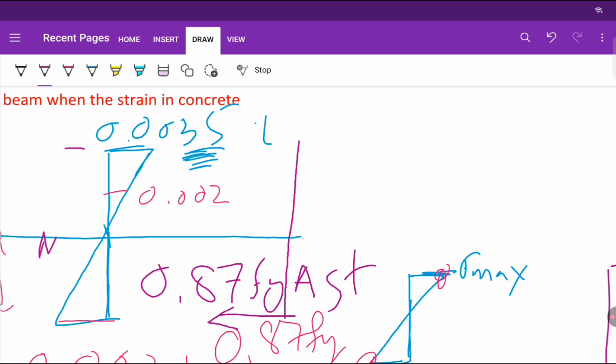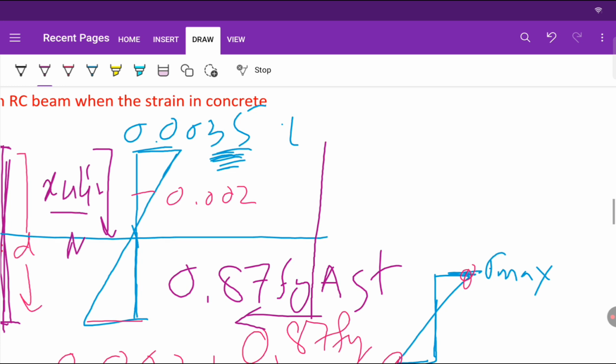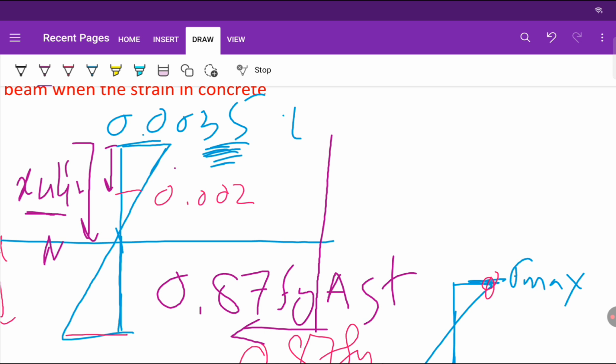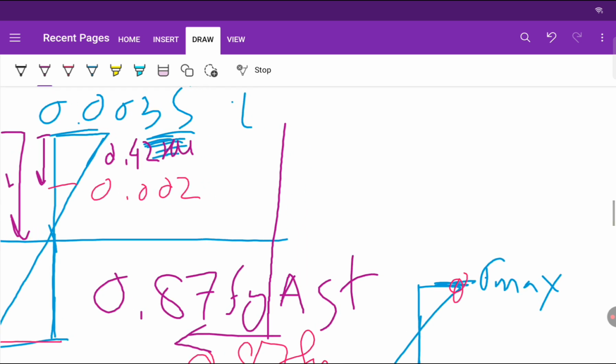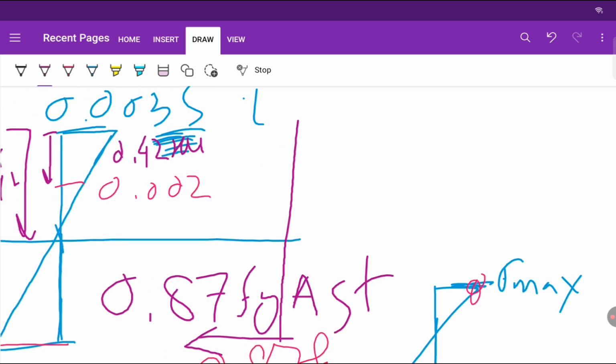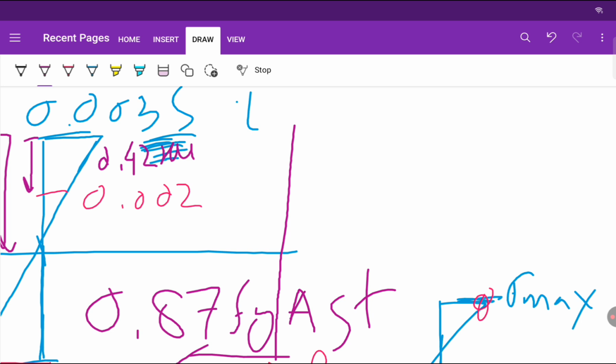And from top to bottom this is XU limiting. It is called the critical neutral axis depth. Okay, and from the top fiber to here, the distance is 0.42 XU.